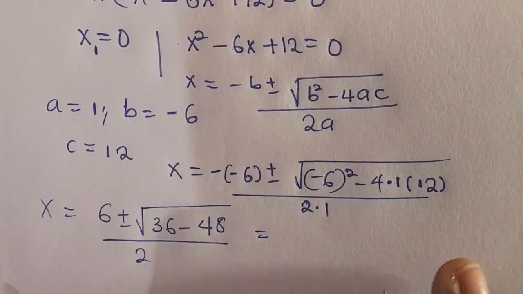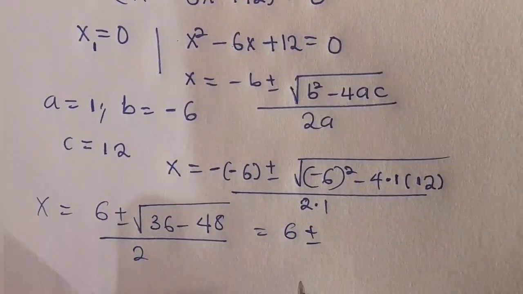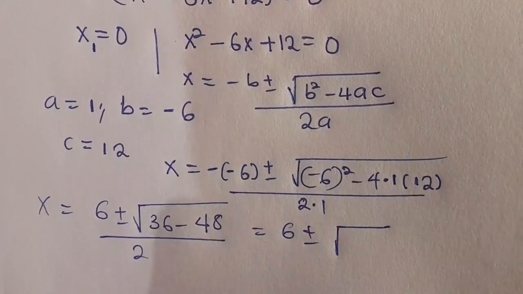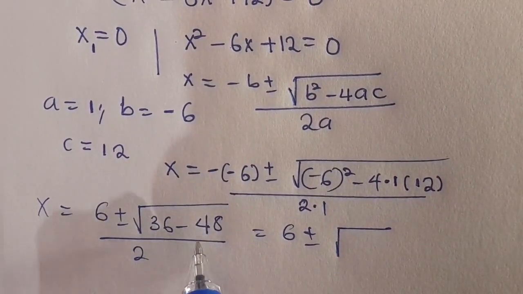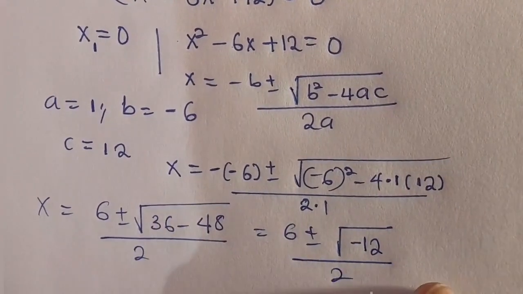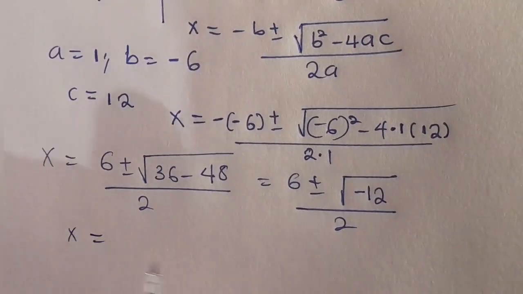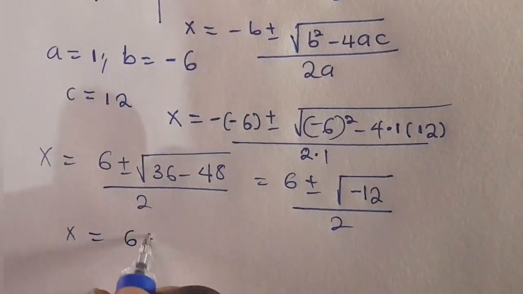And so this implies we have 6 positive or negative square root of 36 minus 48, which gives us minus 12, then all divided by 2. So from here we have x equals 6 positive or negative.